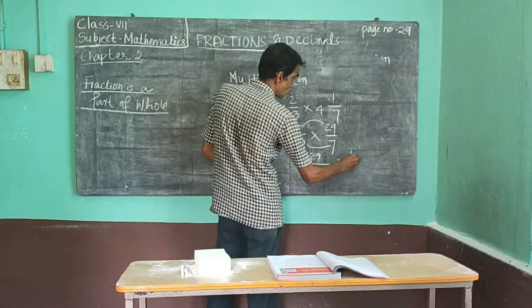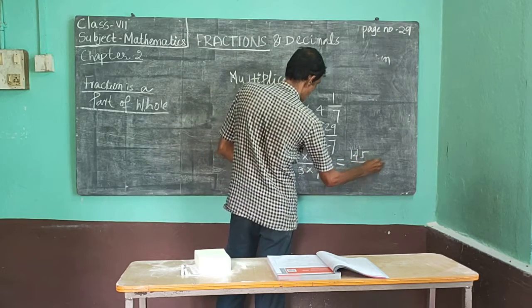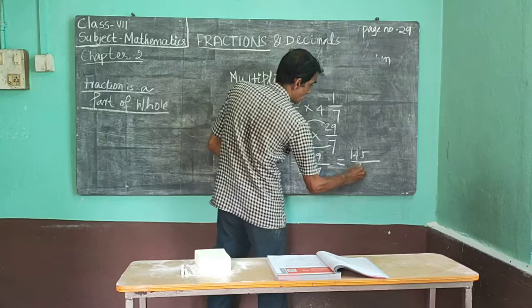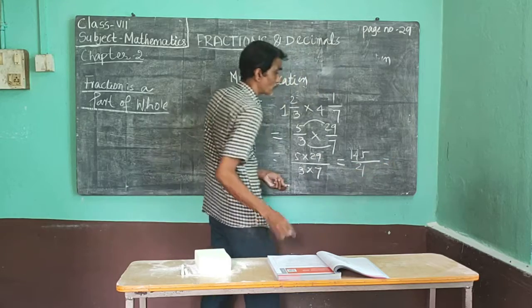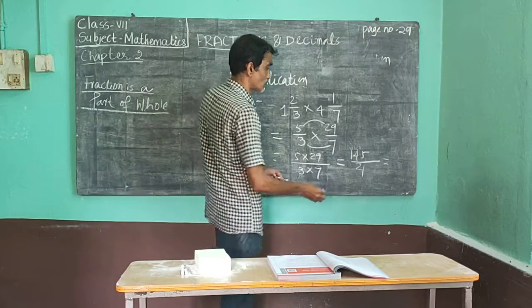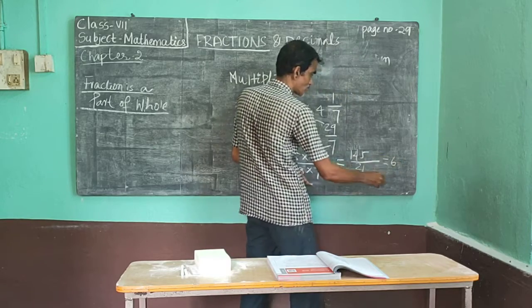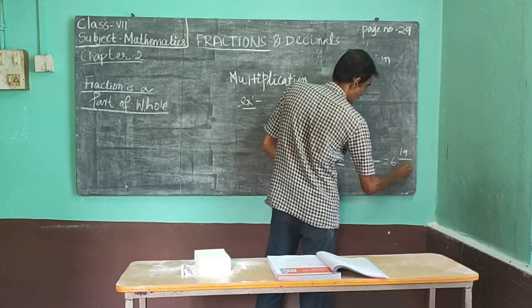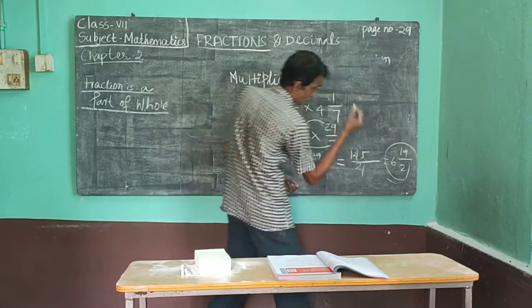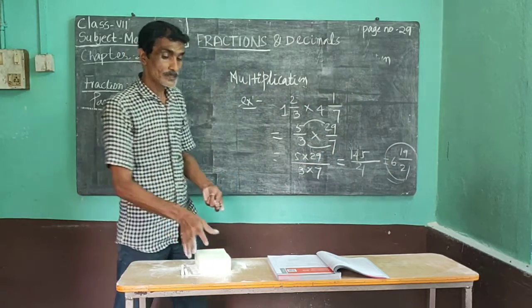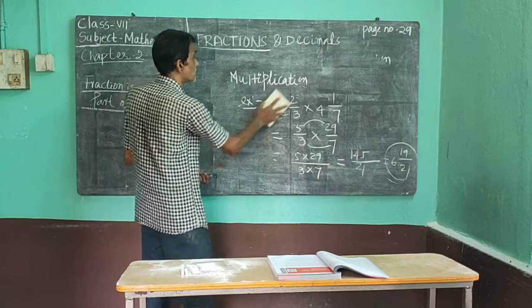Now multiply, 145 by 21. Now make it mixed and give your answer. 6 times 21 is 126, then 6 whole 19 by 21. This is your answer. So the next part is the division of two fractions.